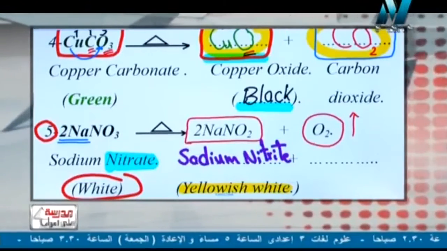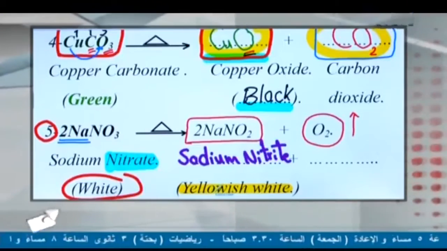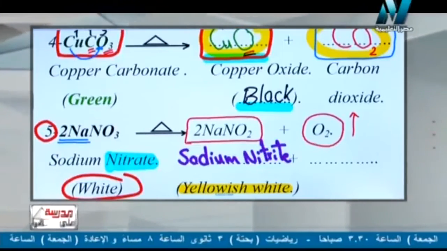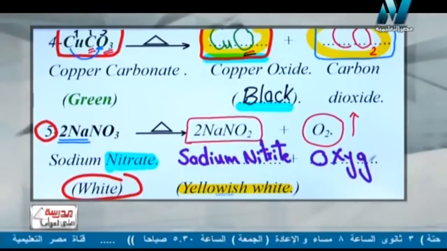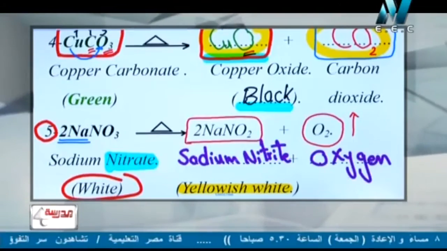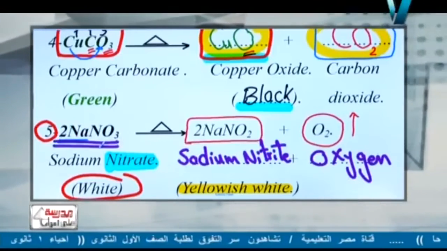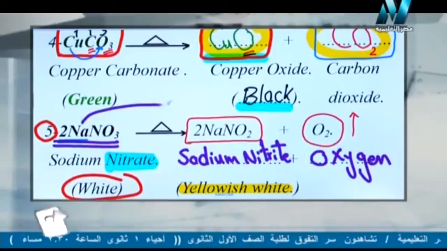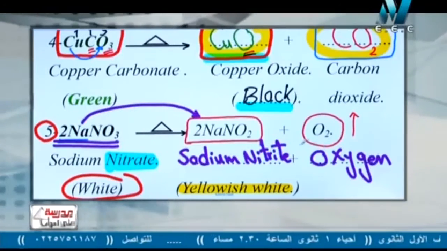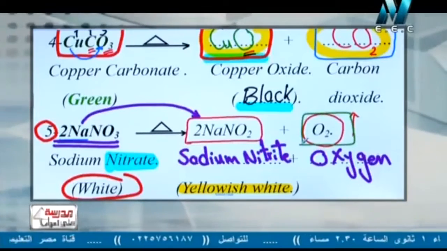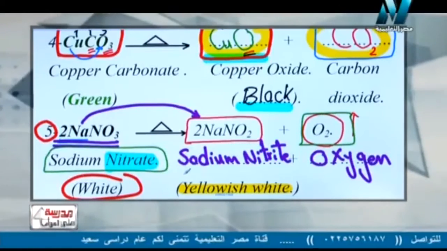And the rest is oxygen gas evolved. So we can deal with this type of equation as a thermal decomposition reaction. Sodium will take all but leave the oxygen molecule here. We have sodium nitrate, white, into sodium nitrite, yellowish white.